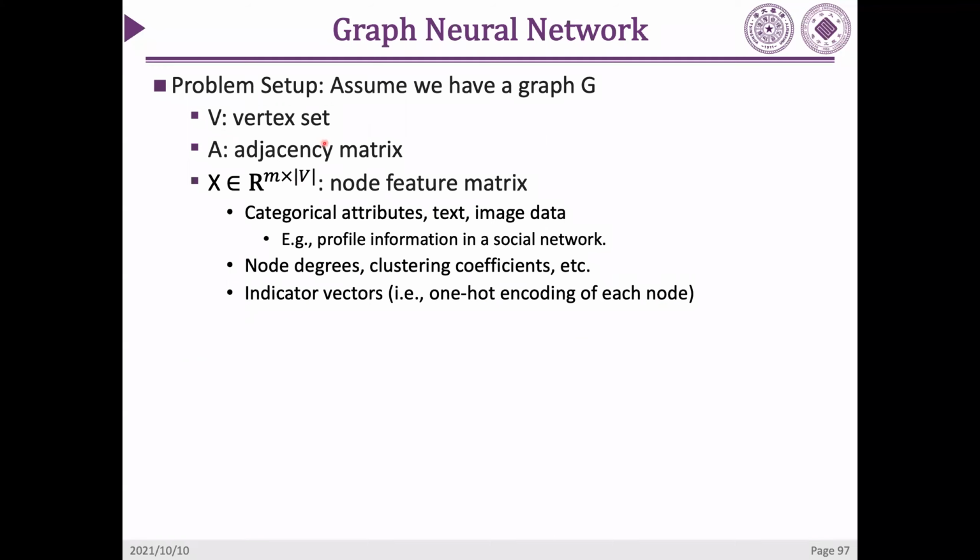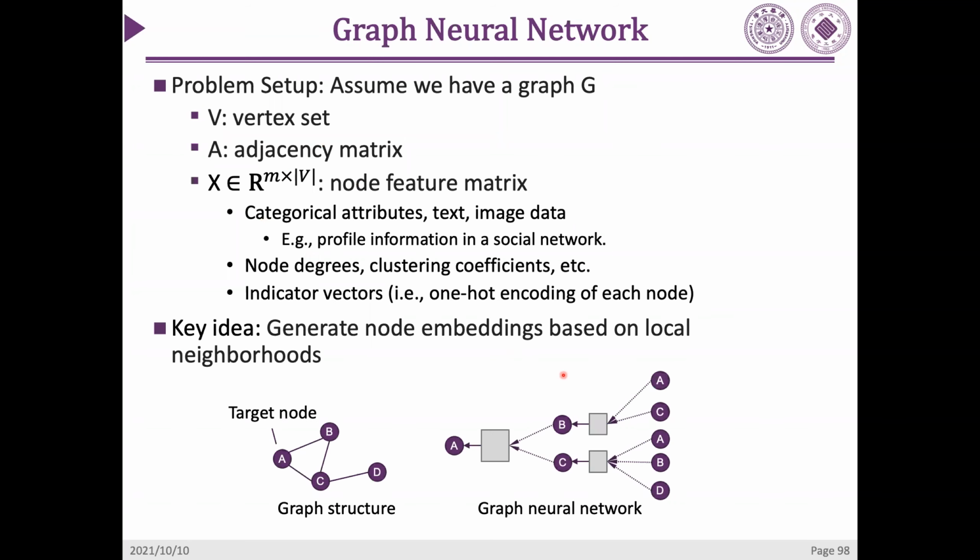The vertex set, the adjacency matrix, and the node feature matrix. And the key idea of the graph neural network is to generate node embeddings based on local neighborhoods.